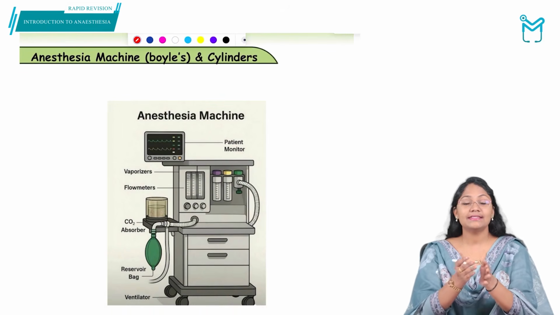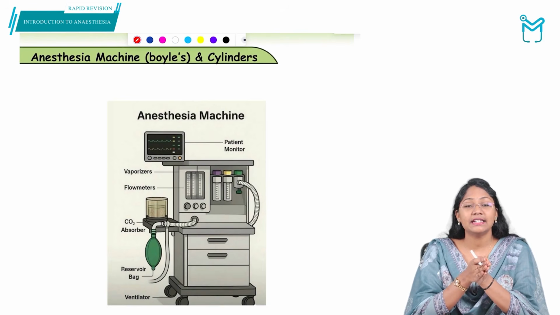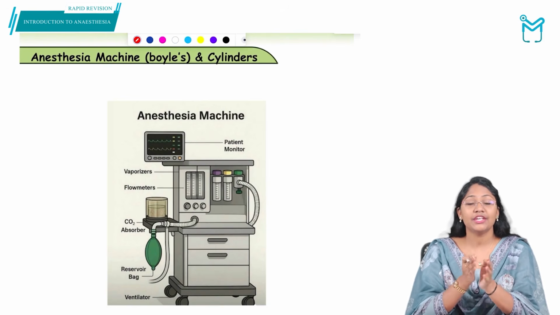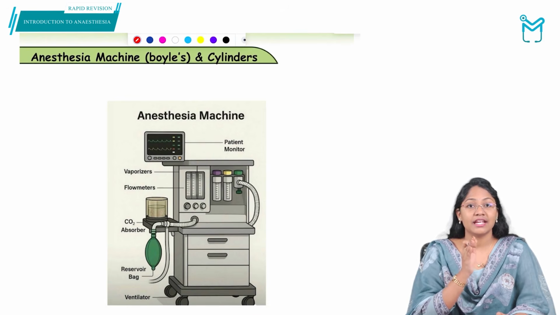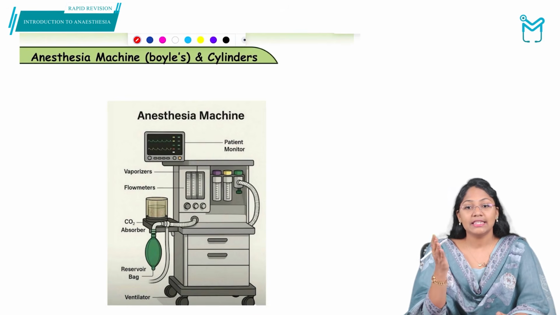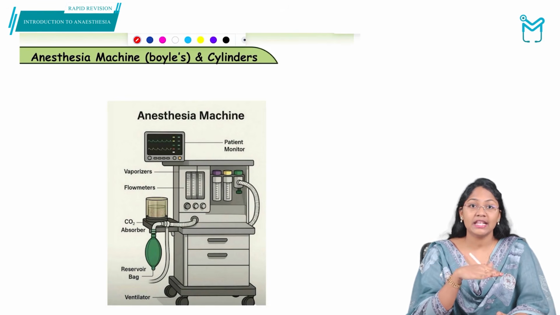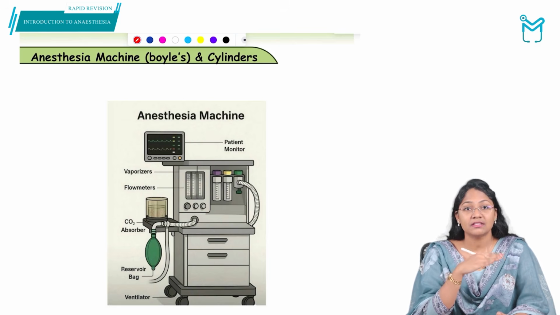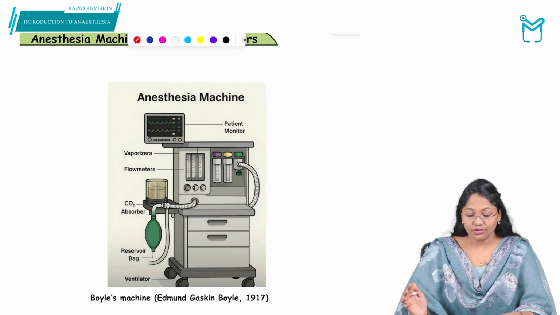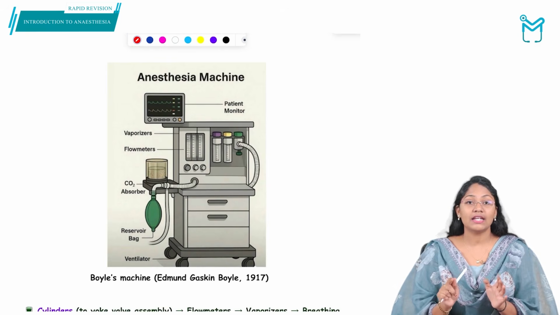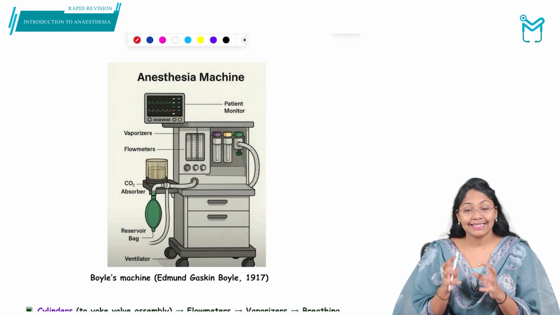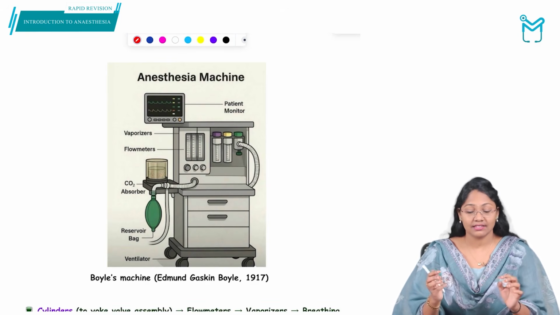Coming to the anesthesia machine as well as cylinders. Think you are the anesthesiologist in the OT room, a patient is being wheeled in, and you are the responsible person to take care of them. So before that, you need to know what the things are in our anesthesia machine.